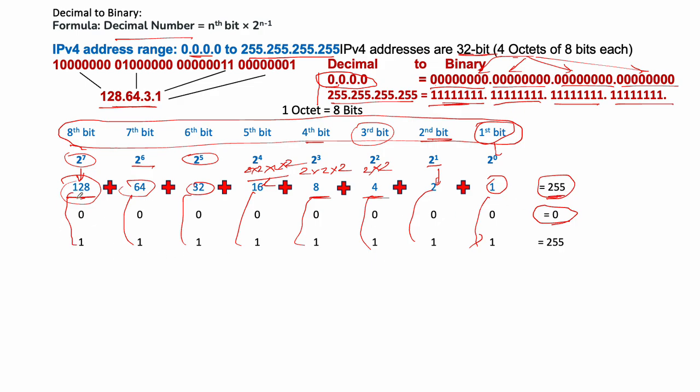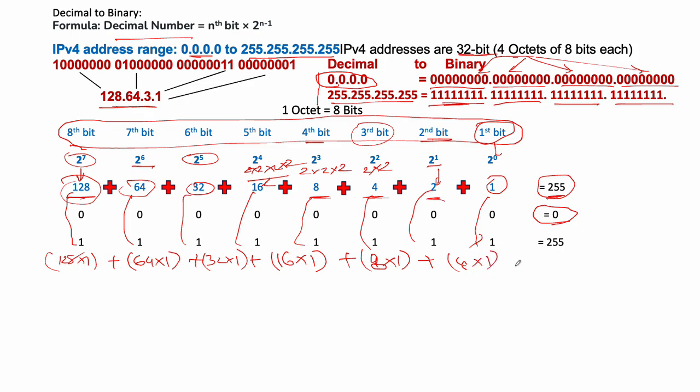But how? When you set the bit here to 1, the value here is 128 multiplied by 1, plus 64 multiplied by 1, plus 32 multiplied by 1, plus 16 multiplied by 1, plus 8 multiplied by 1, plus 4 multiplied by 1, plus 2 multiplied by 1, plus 1 multiplied by 1 is equal to 255.